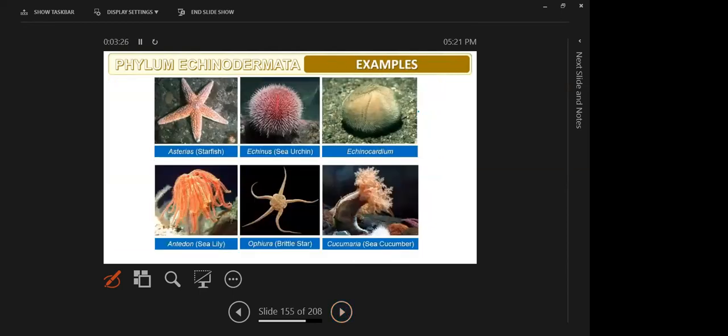Okay, so these are some of the examples given in your textbook. Asterias means starfish. Echinus, sea urchin. Echinocardium and Antedon, sea lily. Then Ophiura, brittle star. Sea cucumber is Cucumaria. So sea urchin, sea cucumber, sea lily are echinoderms.